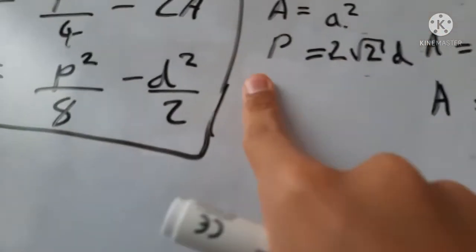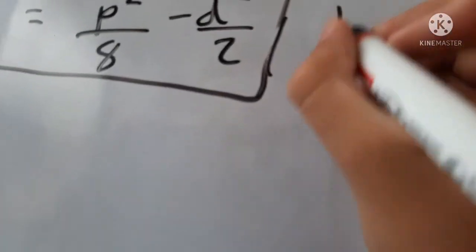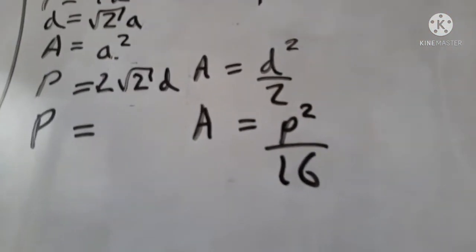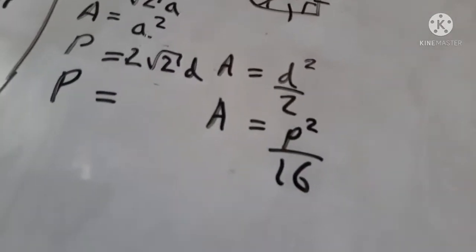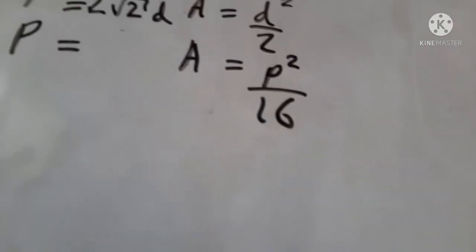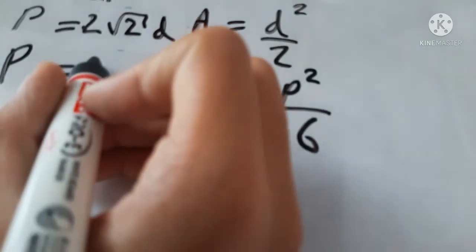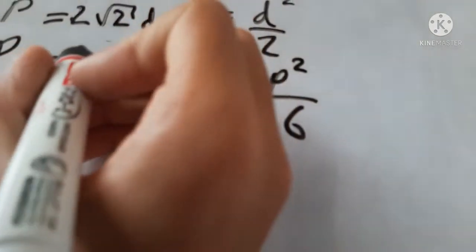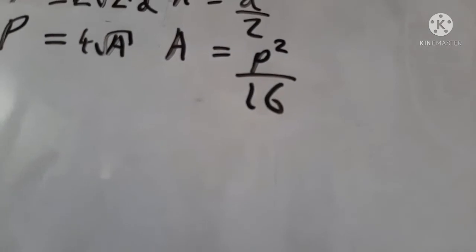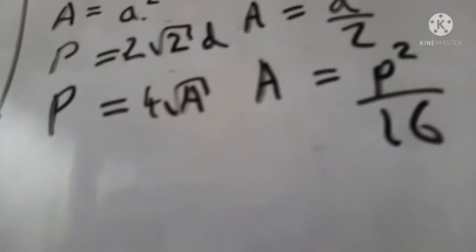And p in terms of a: p over 4 is the square root of a, so p is 4 root a. That makes sense.